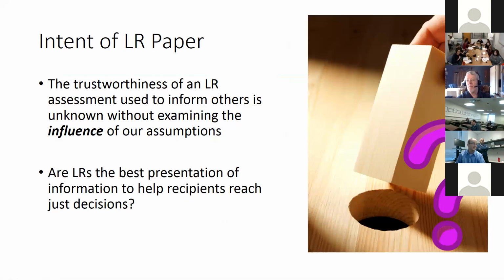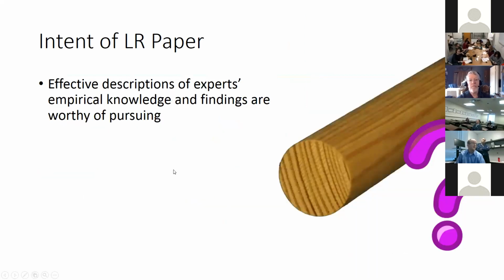Additionally, we raised the question, and we consider it still to be an open question, of whether the likelihood ratio is the best presentation of information to help the audience reach just decisions. Or could it be that this is not the optimum?